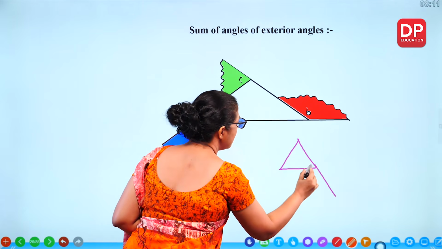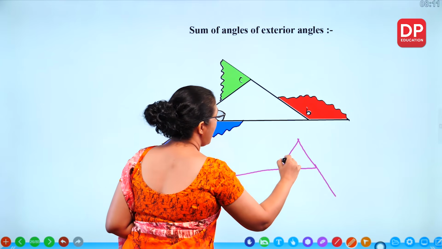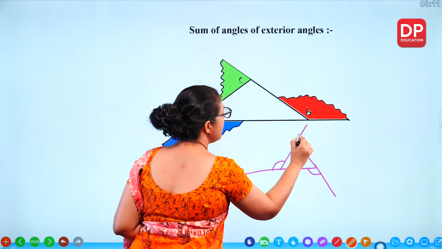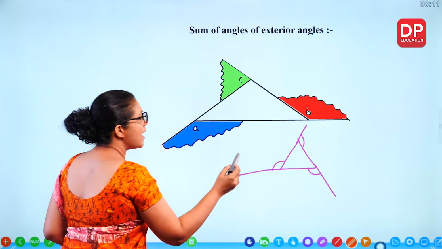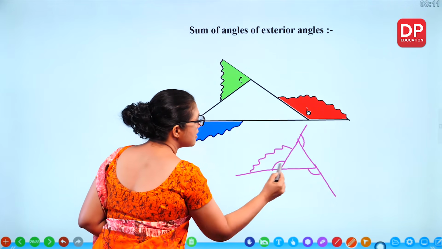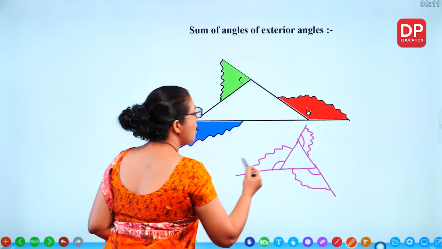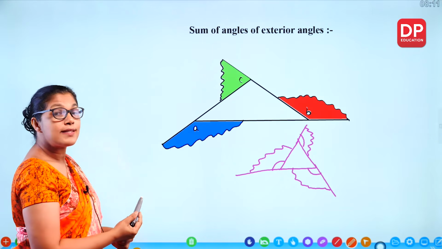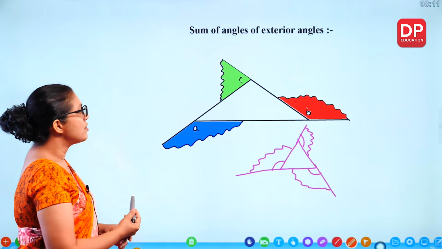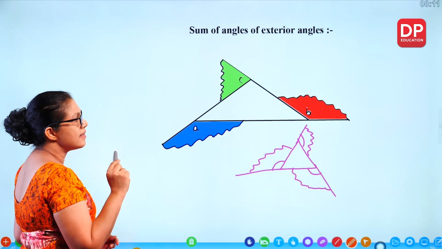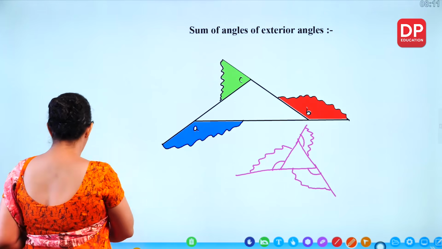This angle and then this one and this one. So these are the 3 angles. So you can cut it. So cut these 3 angles and we'll try to paste it. So we'll see what happens when you take all these 3 exterior angles. What happens? We'll look at it.